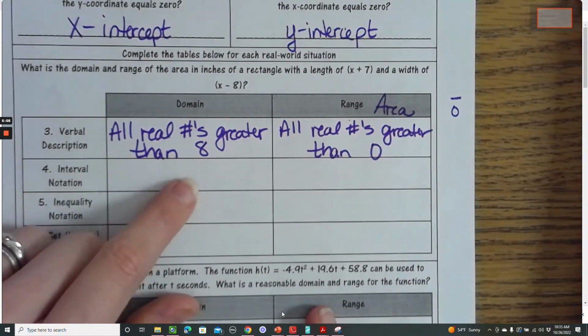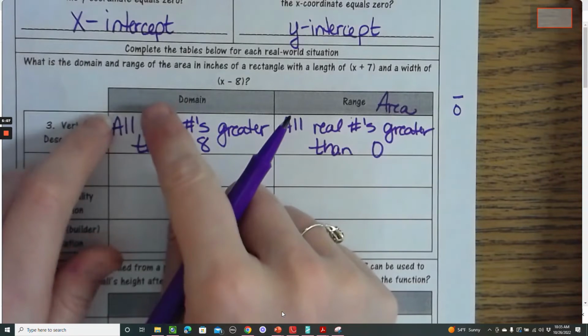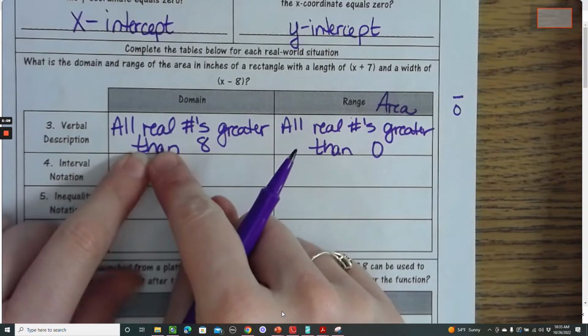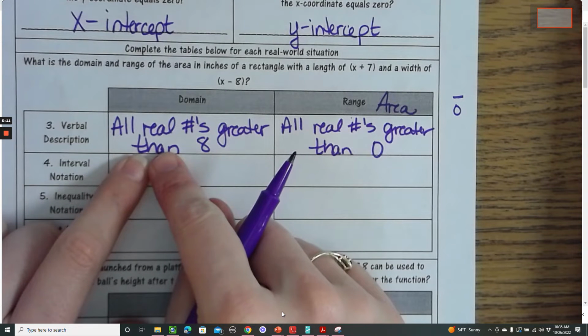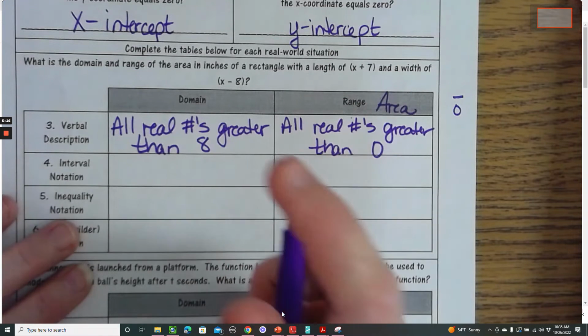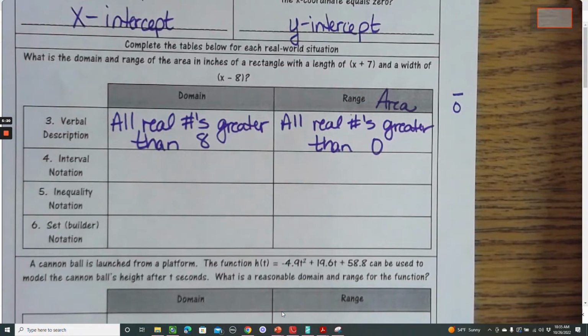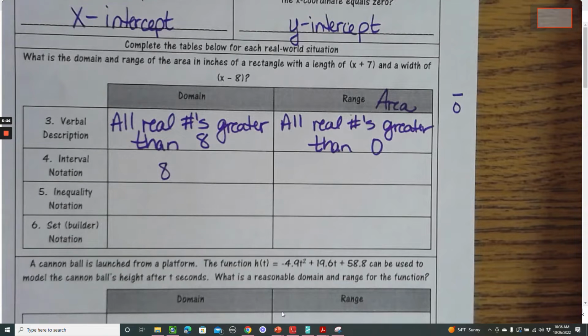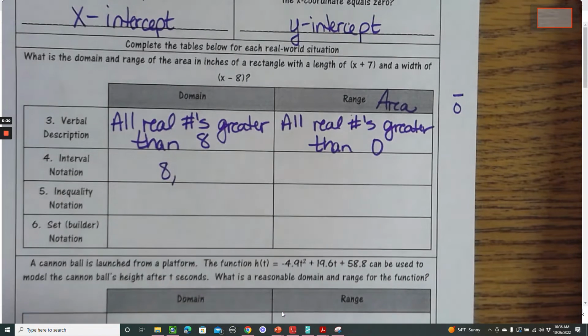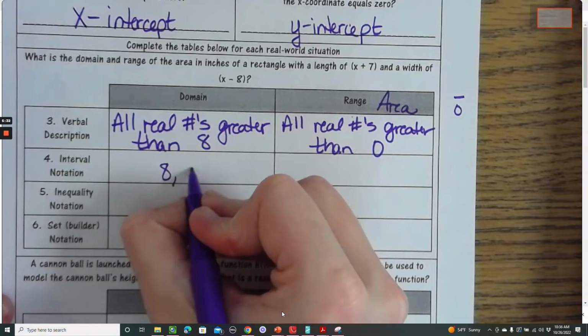All right, in interval notation, that's the brackets and the parentheses. How do I write all real numbers greater than 8? What's my starting point? 8. Start at 8, but don't include 8. What's my end? Infinity.